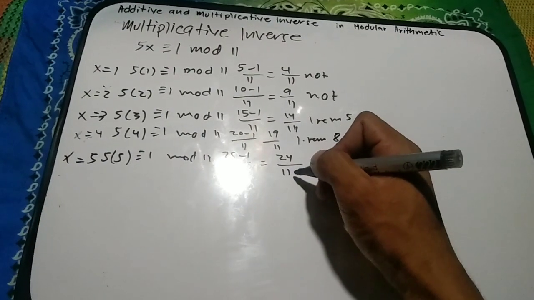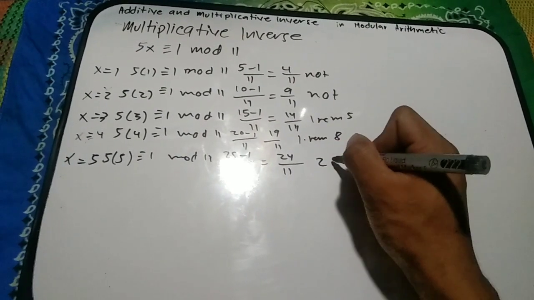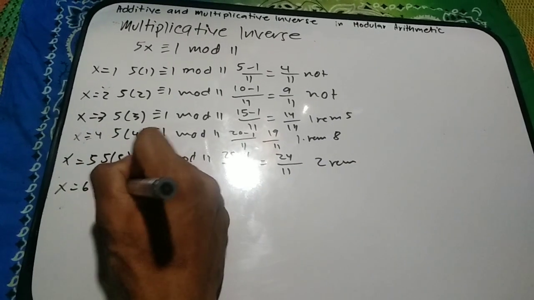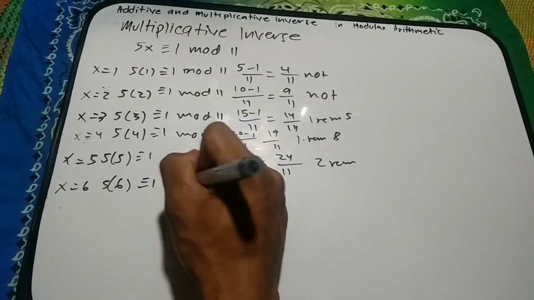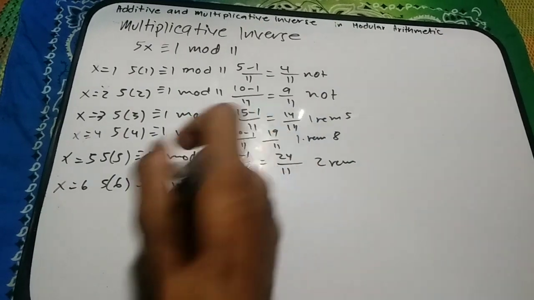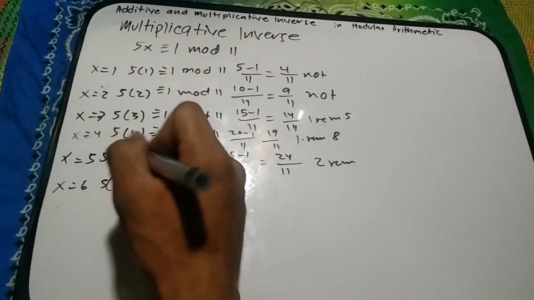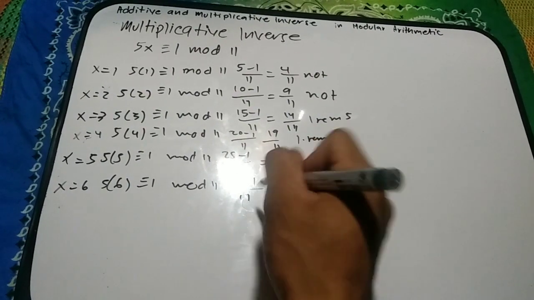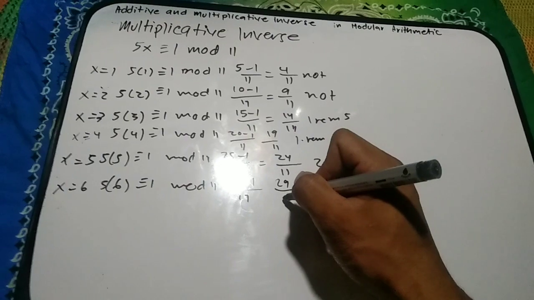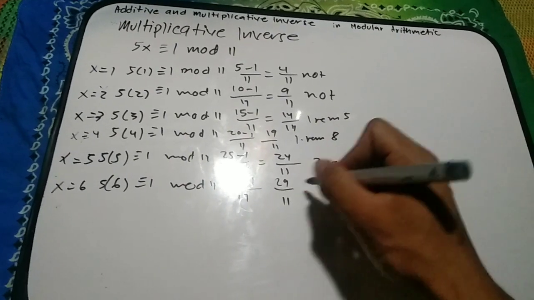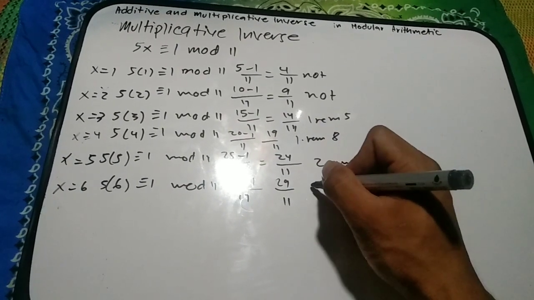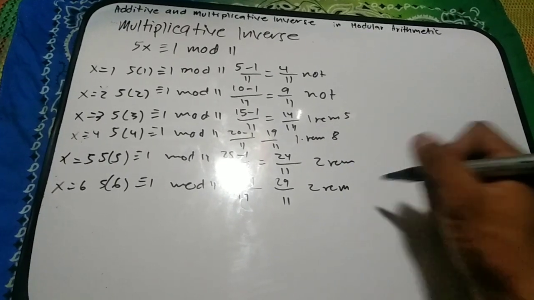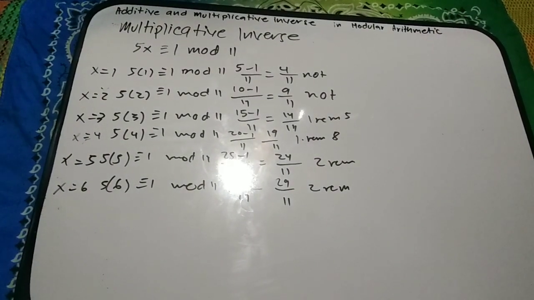If you divide 24 by 11, the remainder is 2. If x is equal to 6, 5 times 6 is 30, minus 1 over 11 is 29 over 11. If you divide 29 by 11, the answer is 2 with a remainder, so not a solution also.